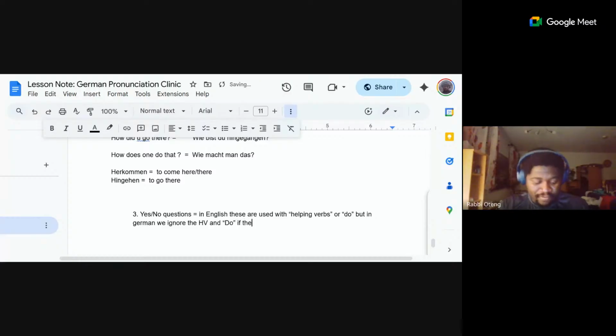If there is any other verb aside from do and is or are in the sentence, then we don't use is or do. We just use the main verb.